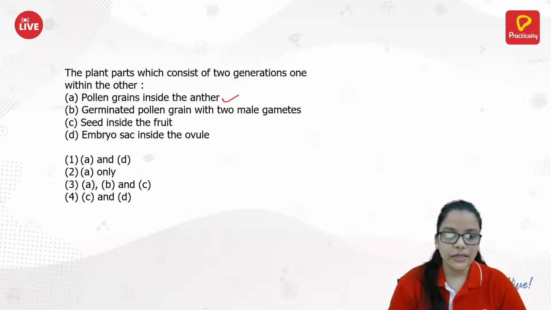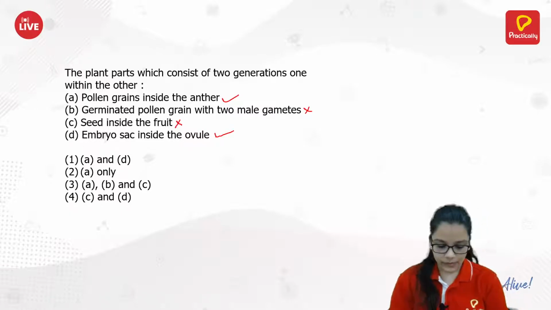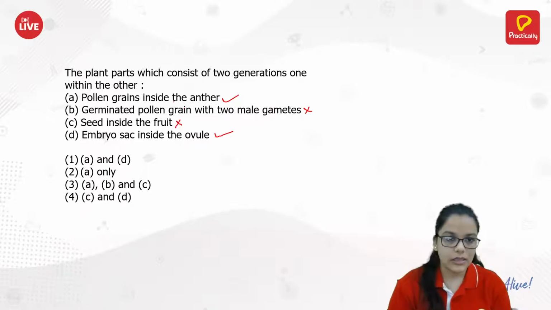Okay, germinated pollen grain with 2 male gametes. These are not 2 generations, these are 1 generation. This is not correct. Seed inside fruit, no, same generation. Okay, embryo sac inside ovule. This is also correct. Okay, so the answer is 1, A and D.